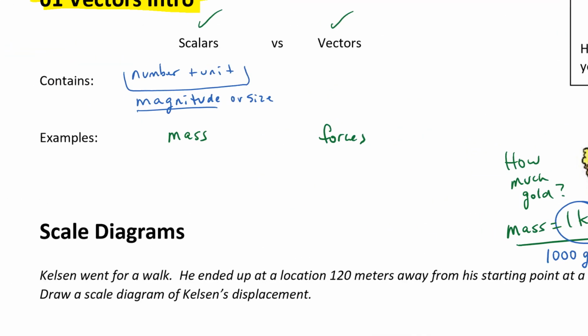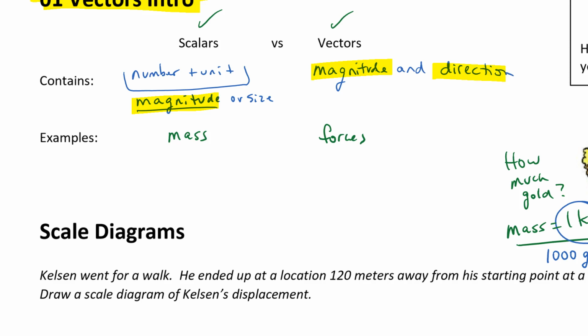So over here, when we talk about vectors, I only say that this has a magnitude. That's the 10 newtons part. And it has direction. So just to recap here, scalars, just magnitude. Vectors, magnitude and direction. They got them both.